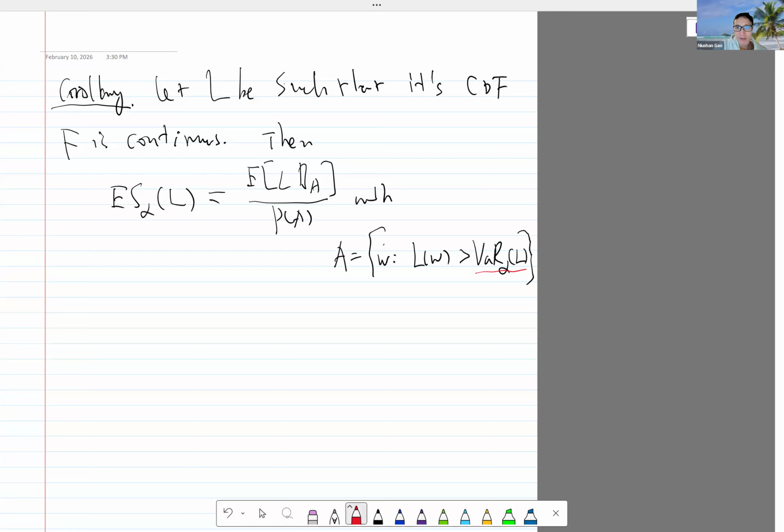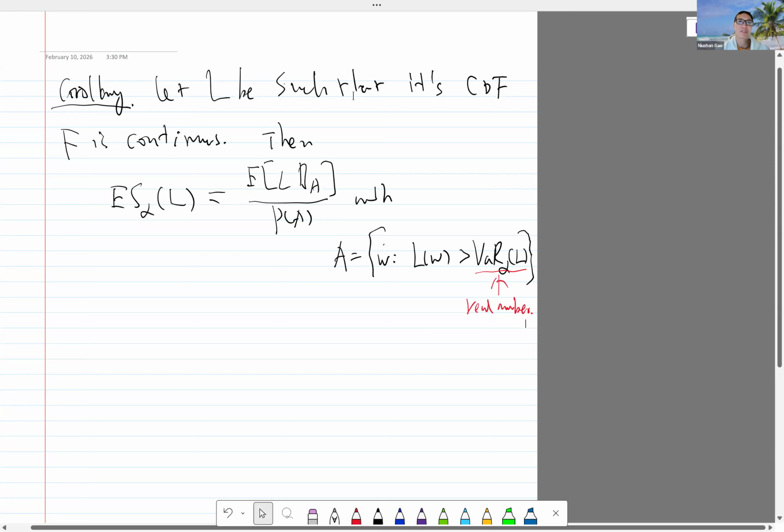Because this is a number, a real number now. So this is a set, L larger than something. This gives you a set of omega.